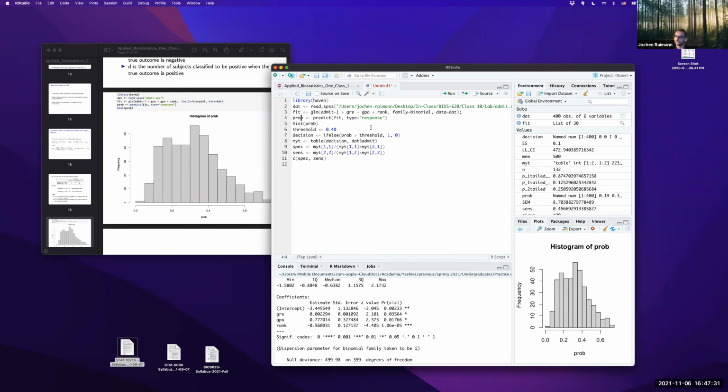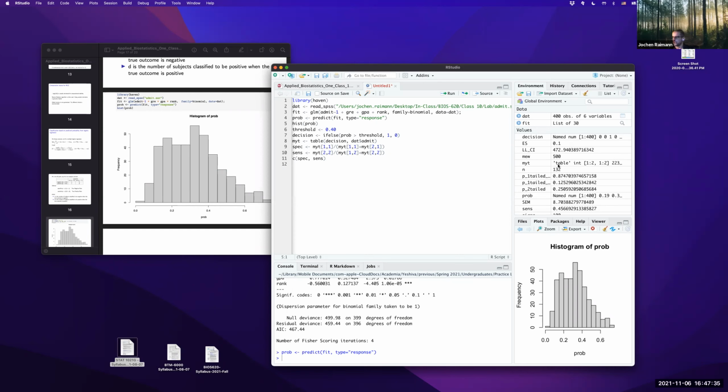Now we're calculating a probability for each individual. So if we are building probabilities and using the predict function here, we get predicted values for each entry.